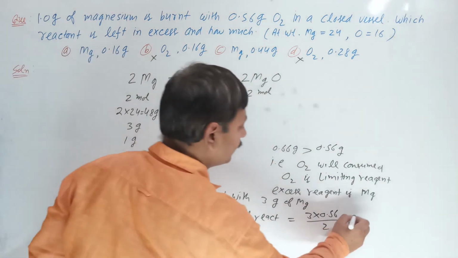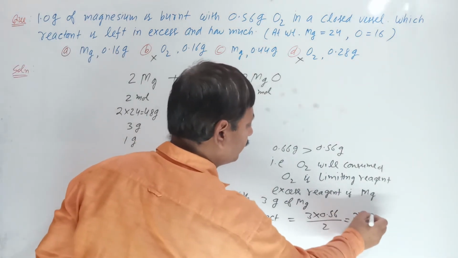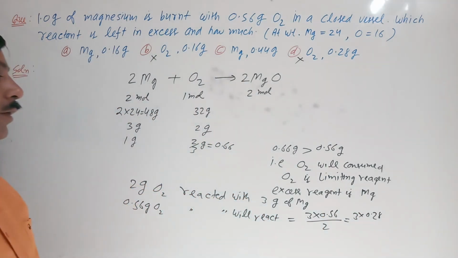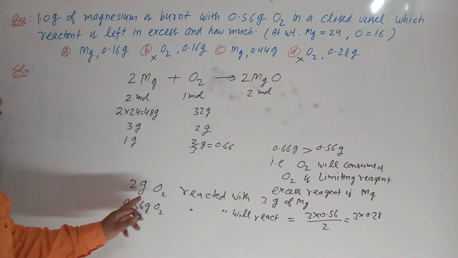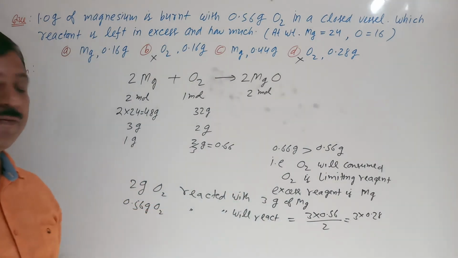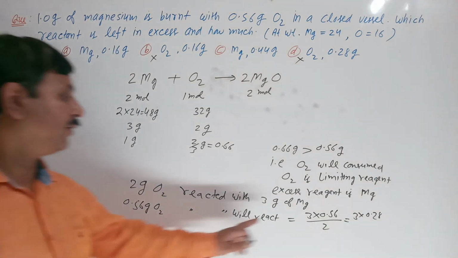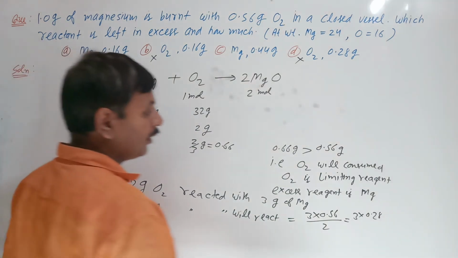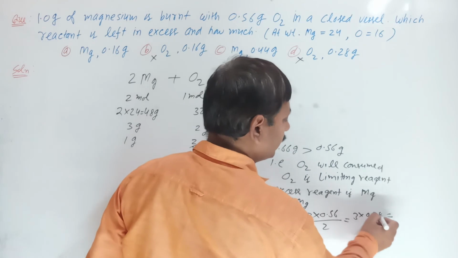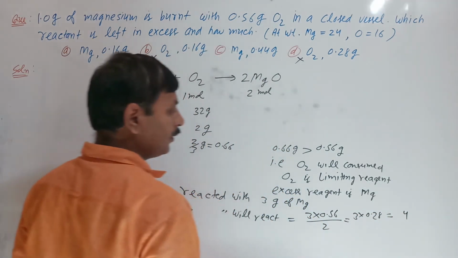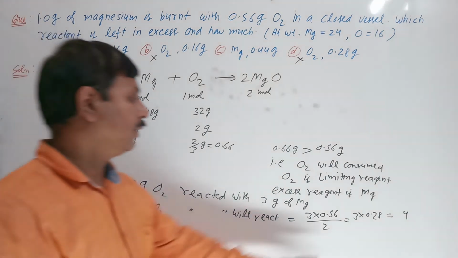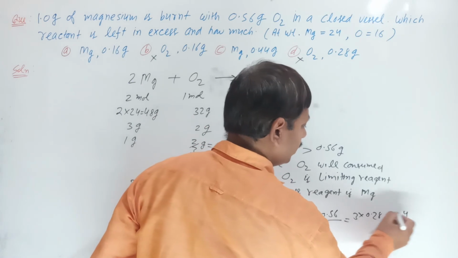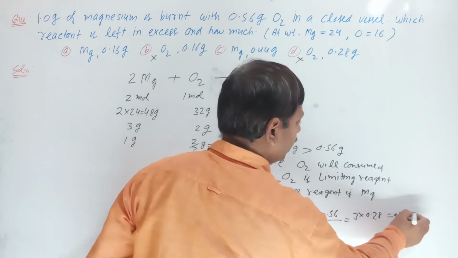Solve it. 3 8s are 24, 3 2s are 6, to 8.